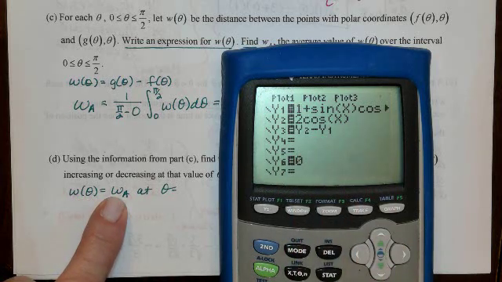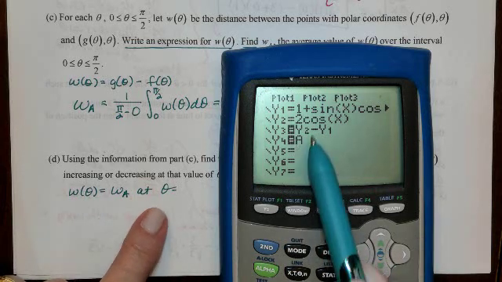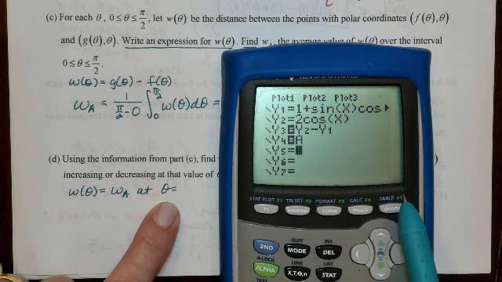So I'm going to turn off the graph for y1 and y2, get rid of this thing, and up here I'm going to put my A value. Oops, I keep doing that. Okay, so if I graph these two and find where they intersect, I'll be finding that theta value.